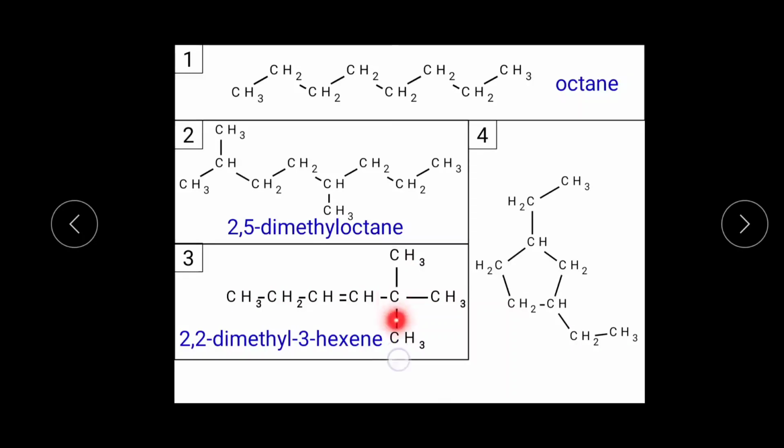There are two methyl located on the second carbon, that is 2,2-dimethyl. And the double bond begins on the third carbon to indicate hexene. The longest chain is composed of 6 carbons, hex, and the double bond indicates that this is an alkene.